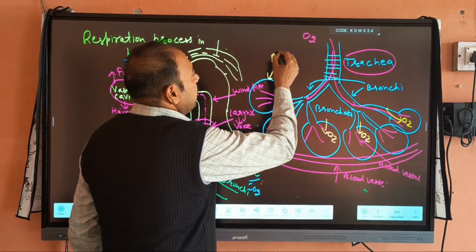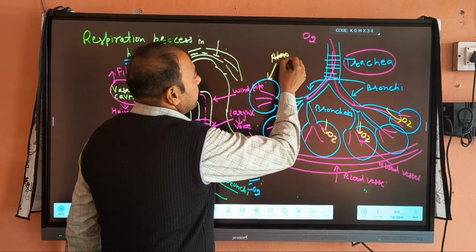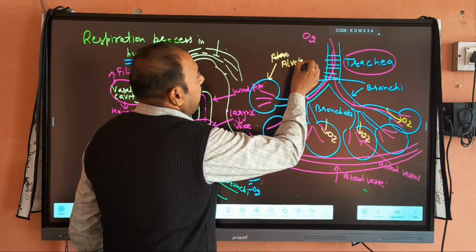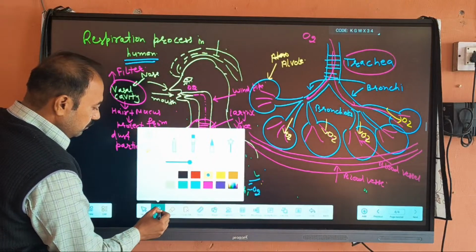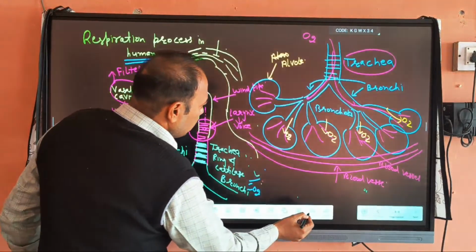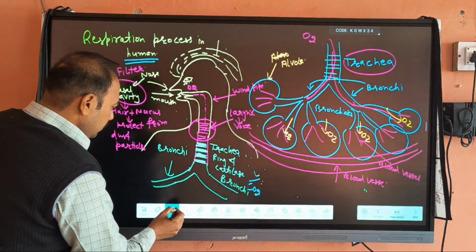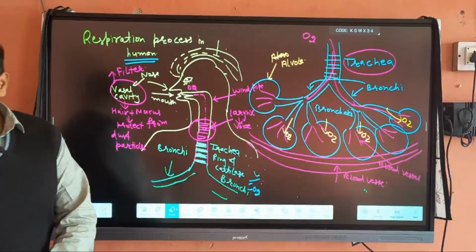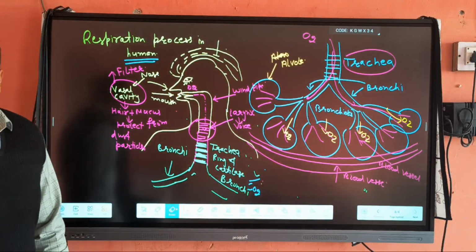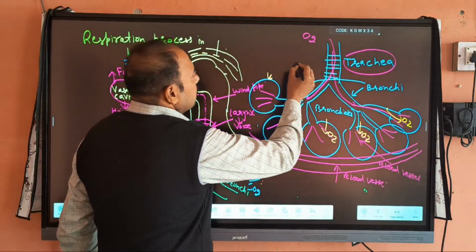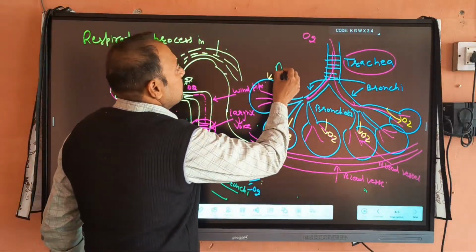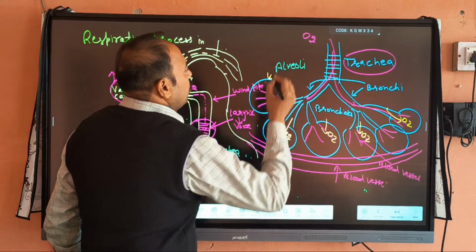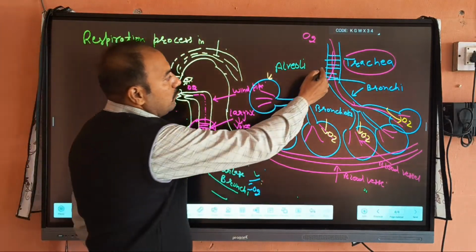This is the alveoli. So these are known as the alveoli. This oxygen comes from the alveoli.